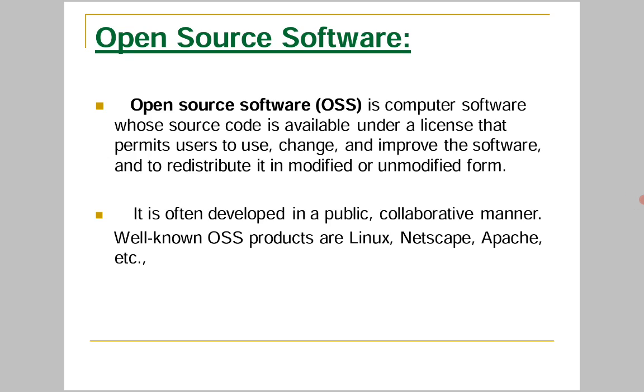Open source software, OSS, is computer software whose source code is available under a license that permits users to use, change, and improve the software, and to redistribute it in modified or unmodified form. It is often developed in a public, collaborative manner. Well-known OSS products are Linux, Netscape, Apache.